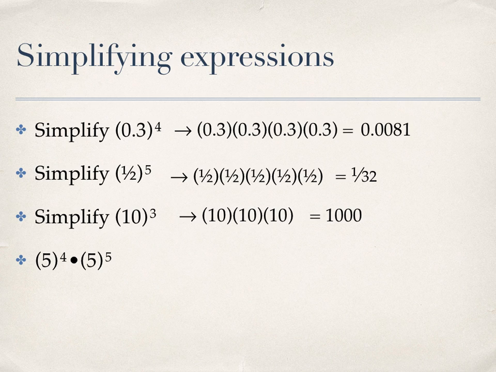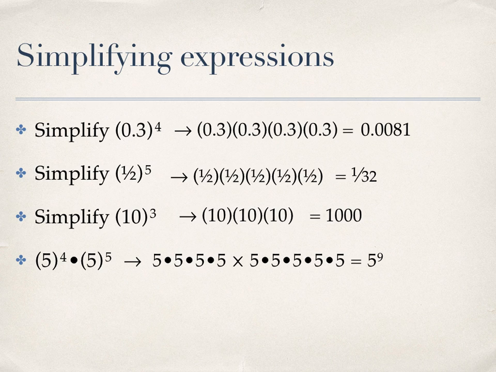In the next example, we think about what does 5 to the fourth look like? It's 5 multiplied by itself 4 times. And then in the next factor, we have 5 multiplied by itself 5 times. And when we're done, we end up with 9 factors of 5, so we can write it as 5 to the 9th.